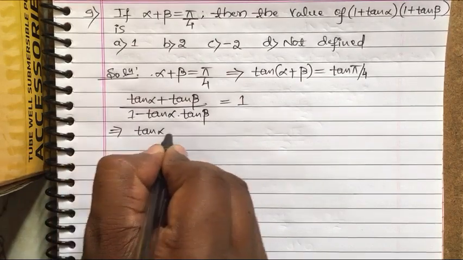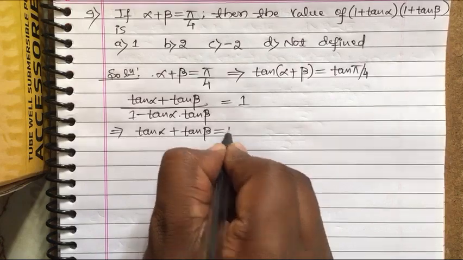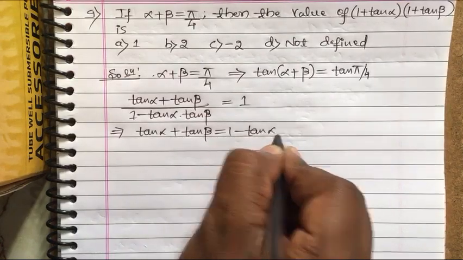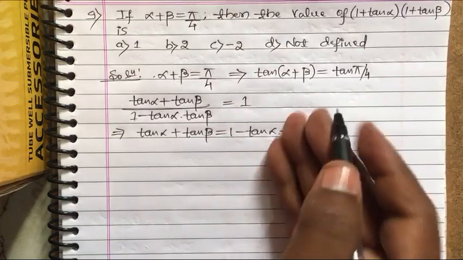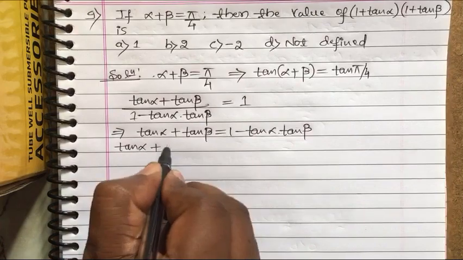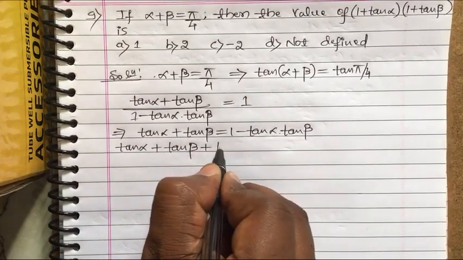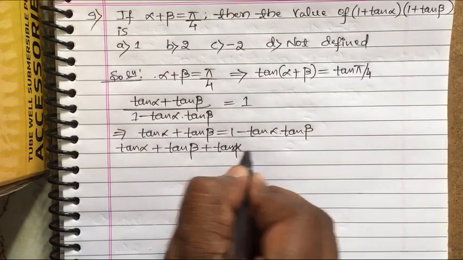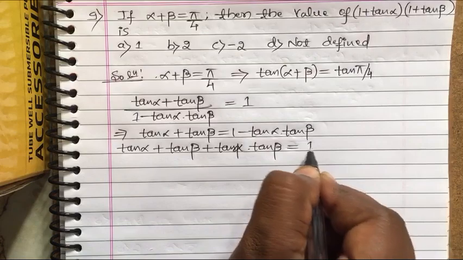Tan alpha plus tan beta equals 1 minus tan alpha into tan beta. Now I take this term to the LHS, it becomes positive. Tan alpha plus tan beta plus tan alpha into tan beta equals 1.